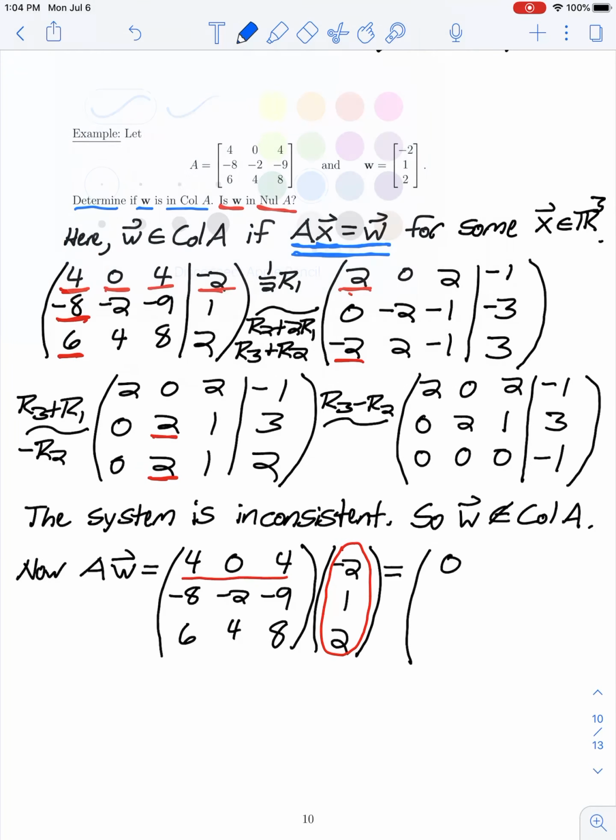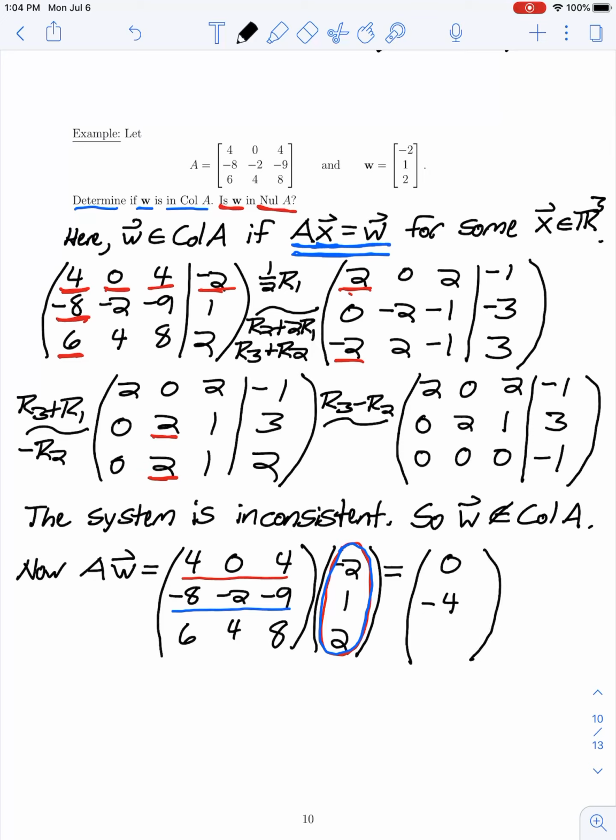For our second row, we take the second row of A and the column vector w and consider their dot product. So here we would have 16 minus 2 is 14, and then minus 18 leaves us with negative 4.